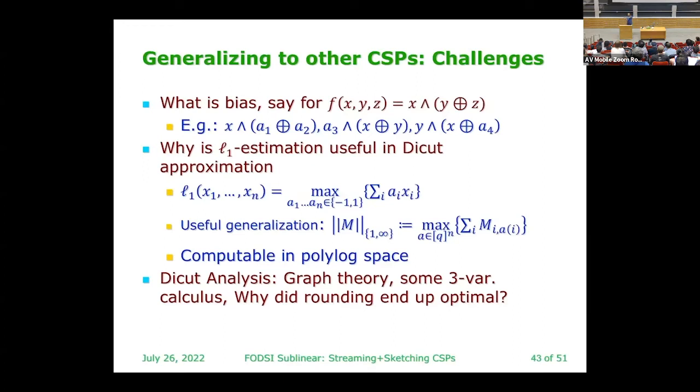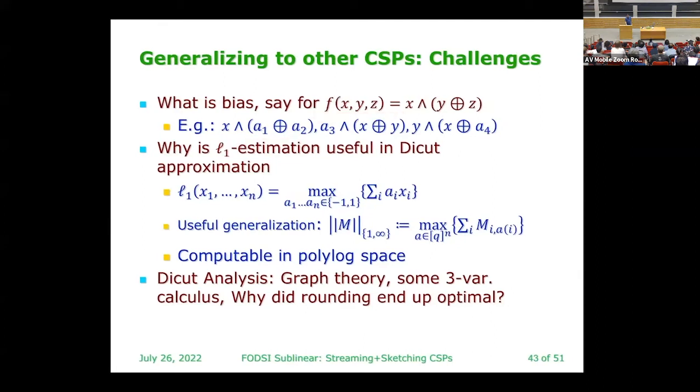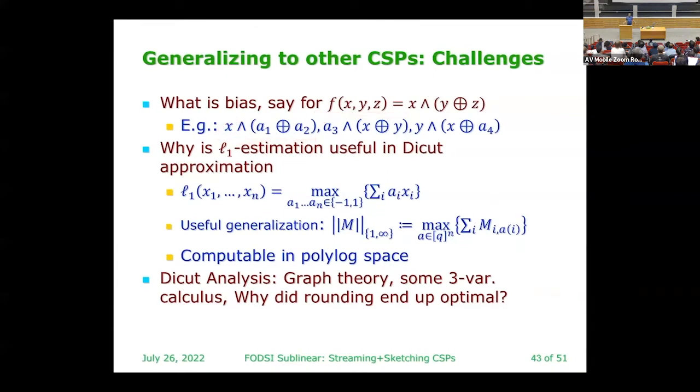If it's entering that vertex, it's clear to say that this vertex wants to be on the right of the cut. But when I see a constraint like that, and I have a variable x which is appearing as the first variable, is that making it want to be 1 or 0? How about if it's appearing here? Does that make it want to be 1 or 0? And how about here? So it's not so clear how to assign biases to different positions in this scheme.